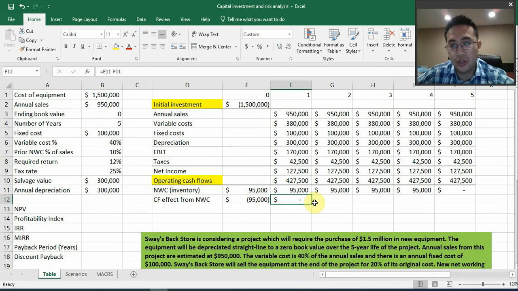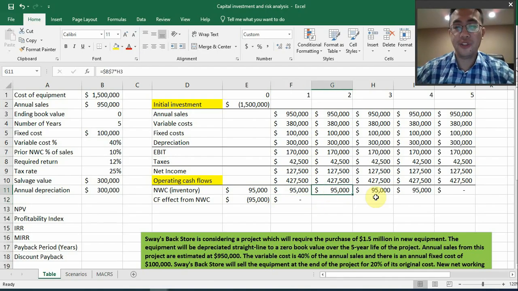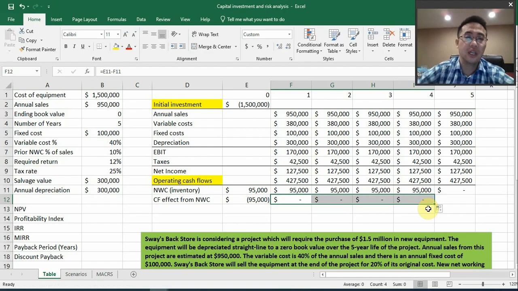You don't need to spend more cash or receive any cash. It stays at the $95,000 level for the next 3 years, so there's no cash flow effect from the change of net working capital or inventory.